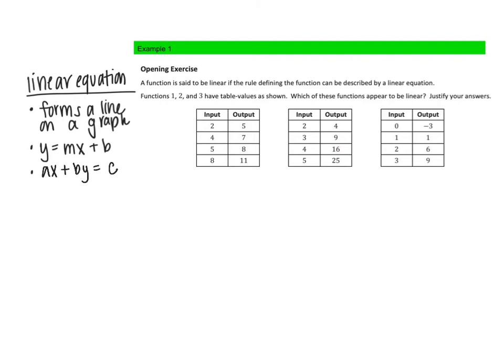Okay? Last thing I want you to write down here and remember about linear equations is that our variable cannot have an exponent greater than 1.